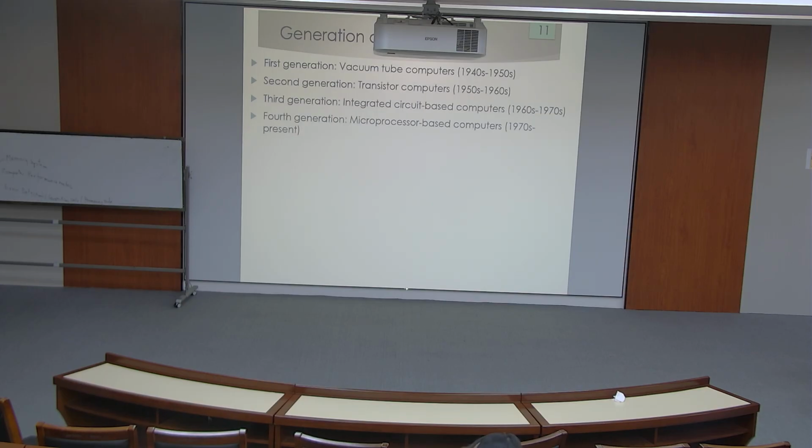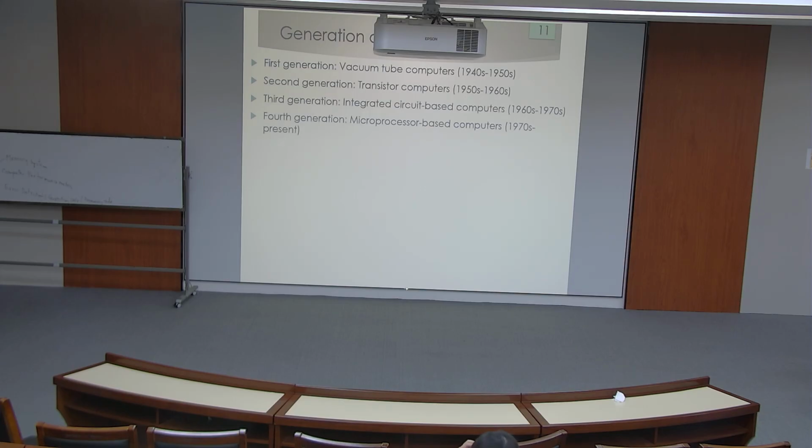Generation of computers, we talked about this. We have seen that the first generation, which was introduced between the 1940s and the 1950s, was characterized by vacuum tubes. That's why we had big computers, and there was high heat generation. We have the second generation of computers, which was introduced between the 1950s and the 1960s.